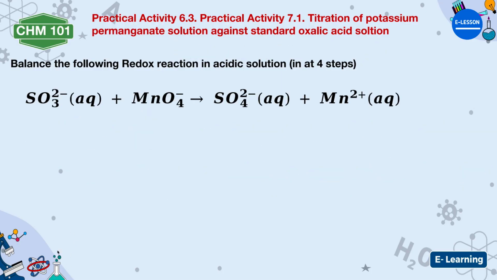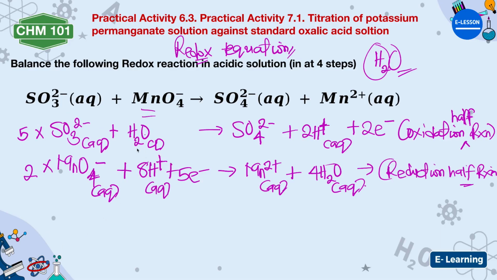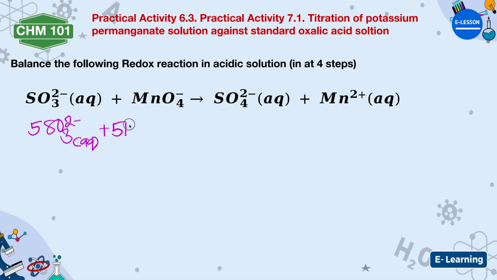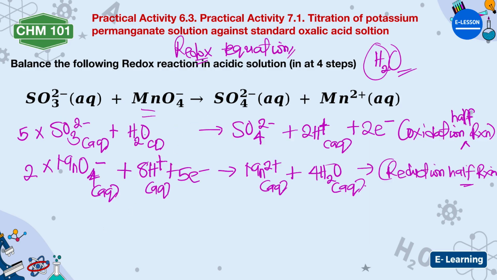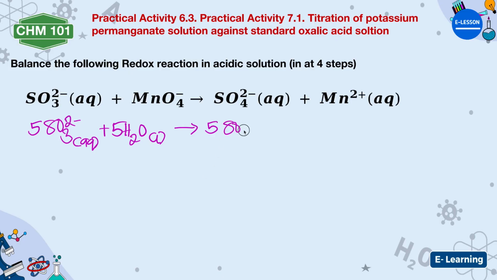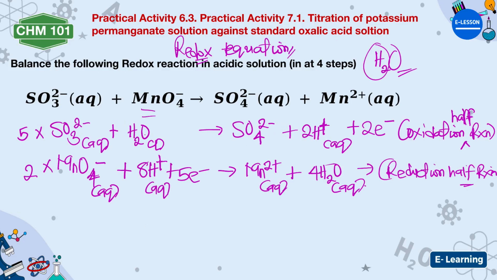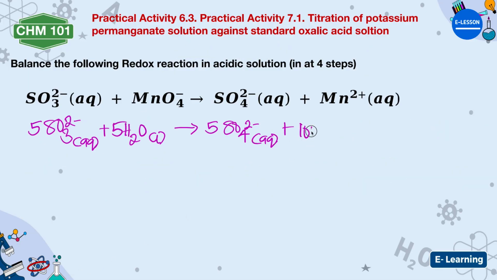That will give us 5SO3 2 minus aqueous plus 5H2O liquid, then going there 5SO4 2 minus aqueous plus 5 times 2 will give us how many here? 10H plus aqueous plus 10e minus.